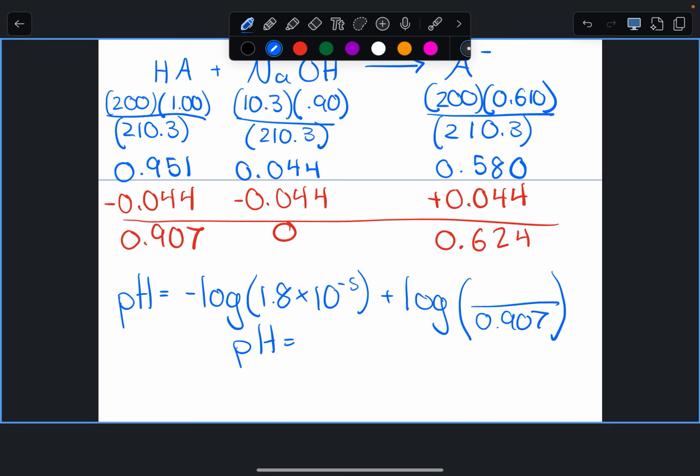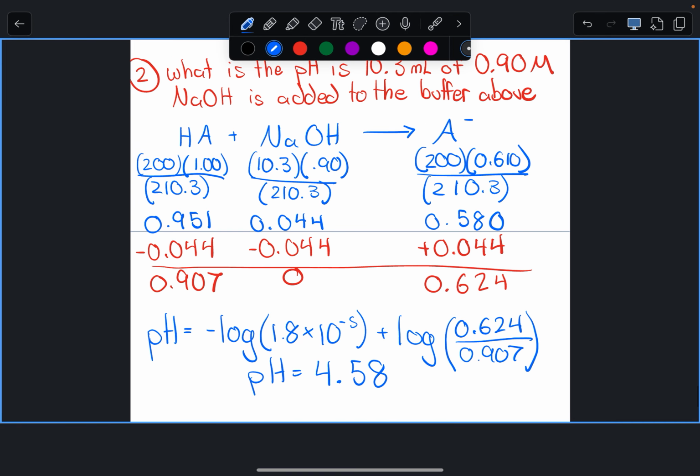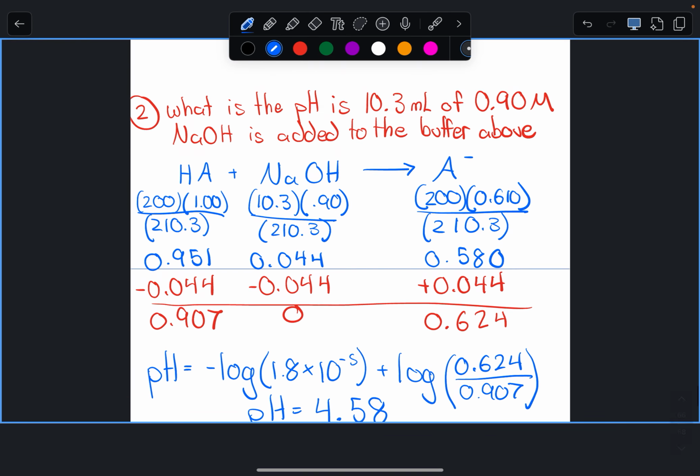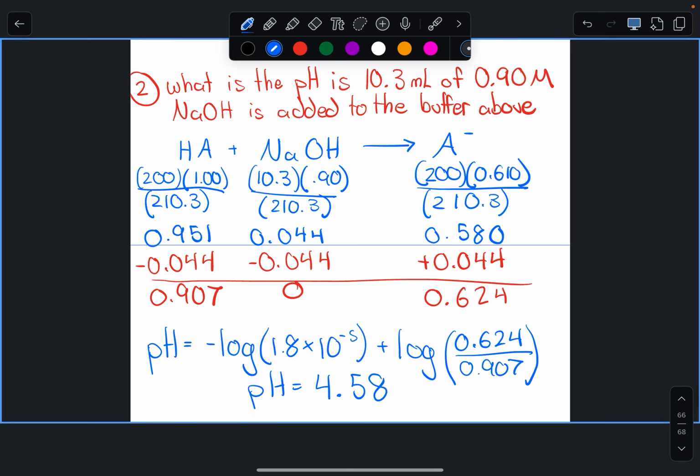Maybe it's just deja vu. There we go. So pH goes up a little bit. It was 4.53.